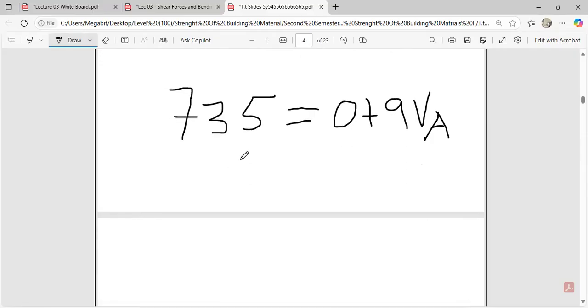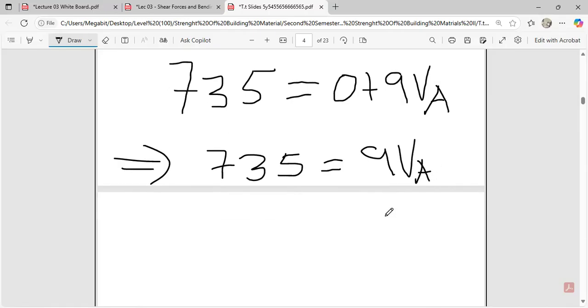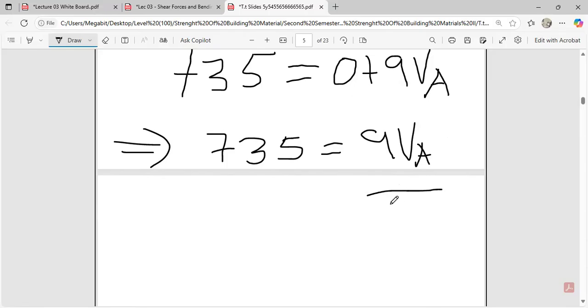That's the rule of change of subject. So at the end of the day, I'm going to be left with 735 is equal to 9 VA. Let's divide both sides by 9 VA.